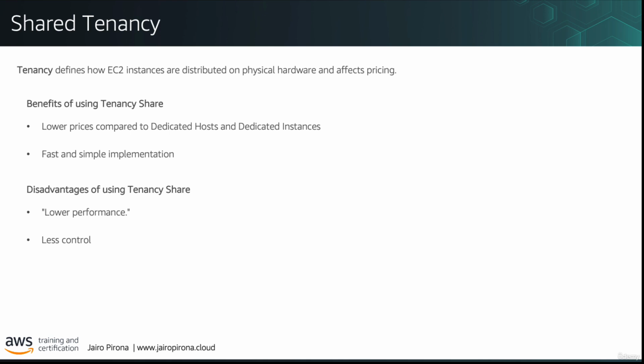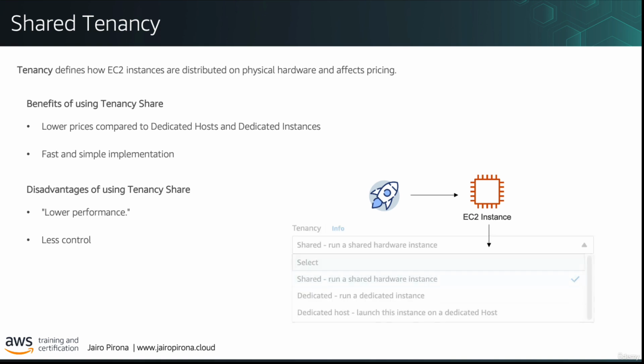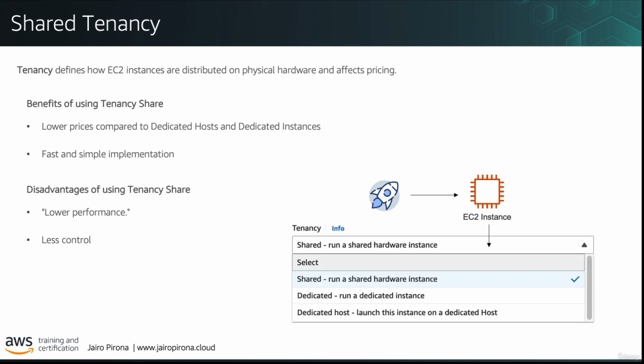So, in closing, it's very important to keep in mind that the default configuration for the tenancy model is shared tenancy when you launch your EC2 instance. So, be sure to keep that in mind when thinking about what the default is. The vast majority of instances that are launched on AWS are shared tenancy instances because of the reduced cost.